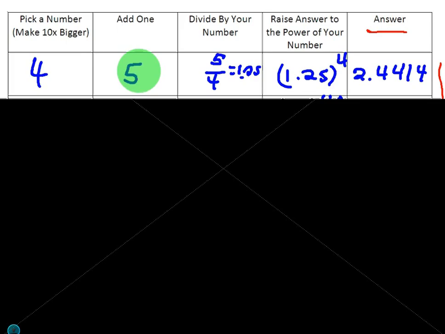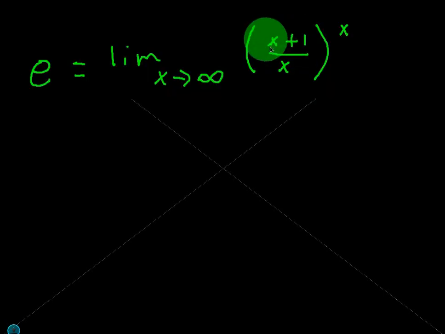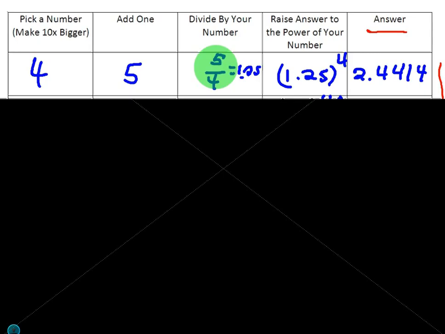Then you're going to divide by your original number. So basically this divided by this. And so going back to the formula, it's this plus this over this, right? So 5 over 4. You're going to get a decimal back. So it might be 19 over 18 or 17 over 16. It'll be something divided by 1 less, right?